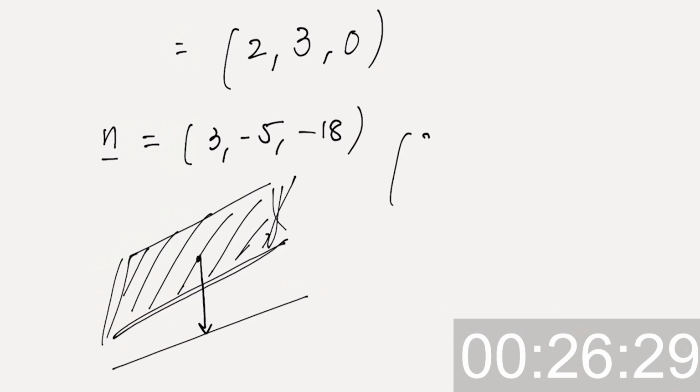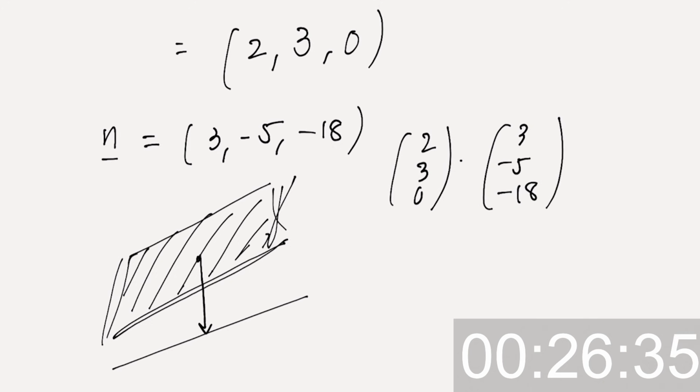I remember that. We do this in geometry, first year anyway. So what I need to do is the dot product between the normal vector and the direction W, I think. So I need to do (2, 3, 0) dotted with (3, minus 5, minus 18).